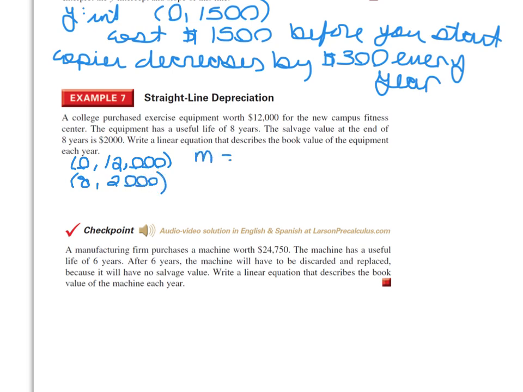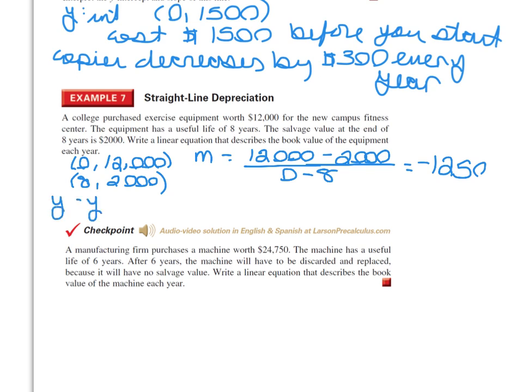Your slope is going to be 12,000 minus 2,000 all over 0 minus 8. And if you plug that into your calculator, you're going to get negative 1,250.